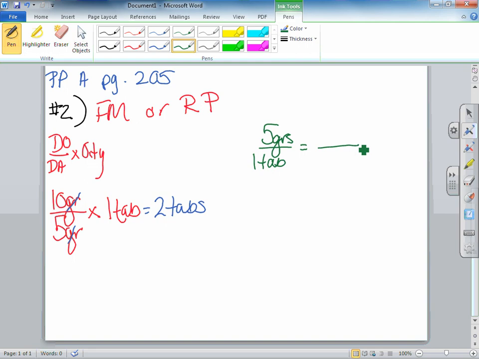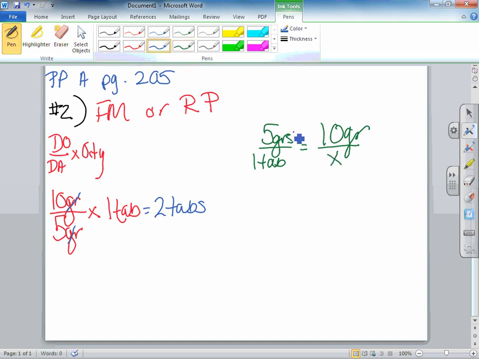So again, if you're using the ratio proportion method, your units have to mirror each other on both sides. You're going to have an unknown. So if my 10 grains, does it go at the top or the bottom? If you said the bottom, you are incorrect. 10 grains actually goes at the top. Again, they have to mirror one another. They have to be looking directly at each other as far as the units. And then X goes at the bottom.